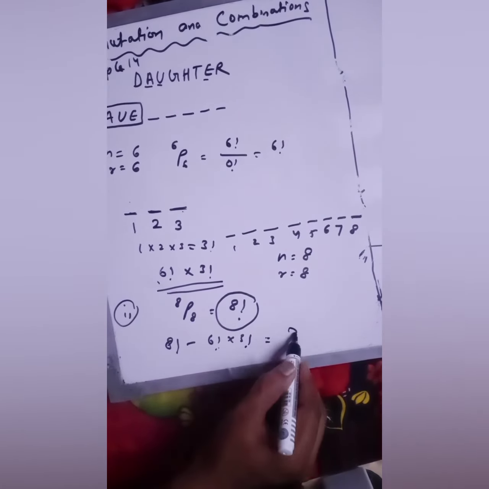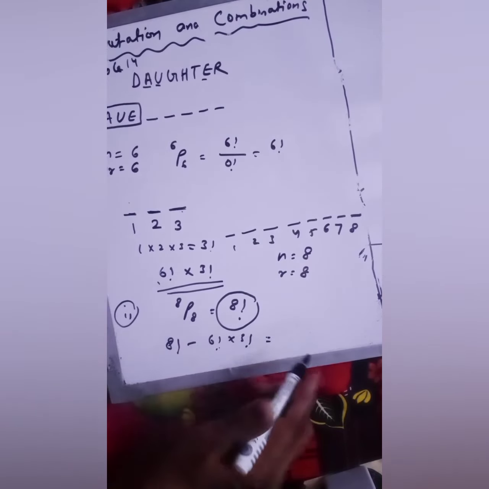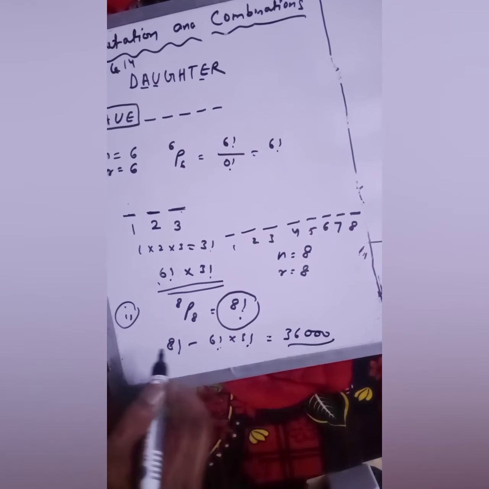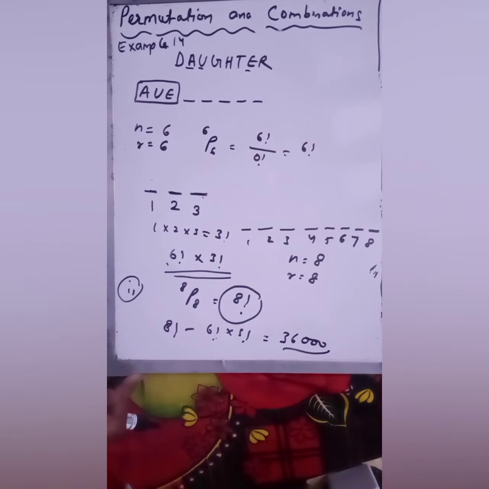When you solve this too, you will get the required answer. Okay, children. When you solve it, your final answer would be 36,000. So this will be the total arrangement. Got it? So this is how you can solve question number 14.